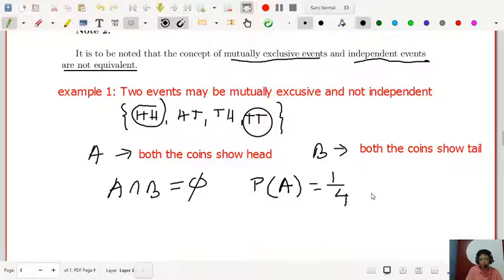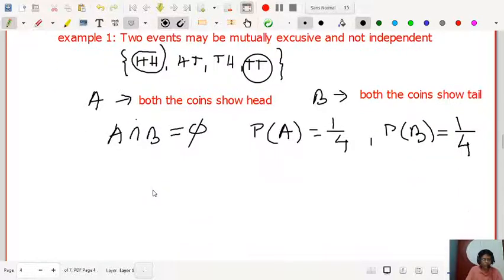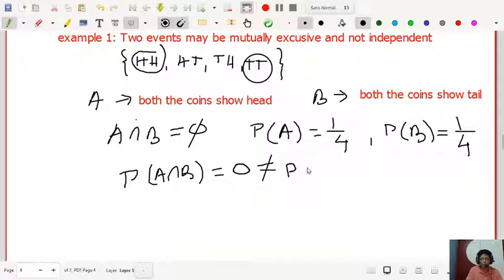And probability of B is also 1/4. And probability of A intersection B is 0, because A intersection B is phi, and that is not equal to probability of A into probability of B.